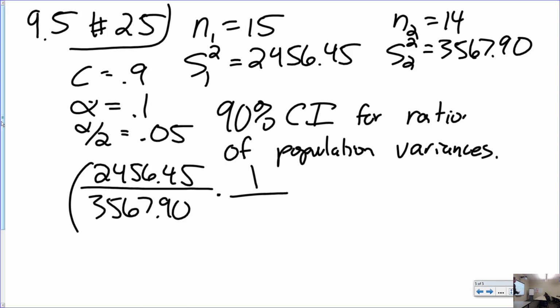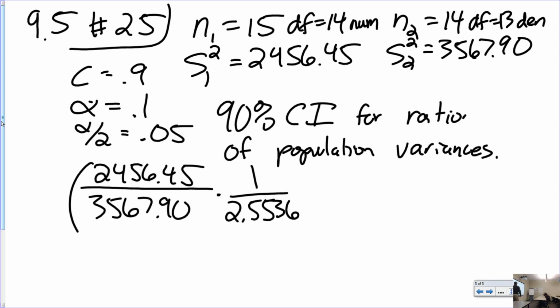What do we want our numerator degrees of freedom to be? 14. And what are our denominator degrees of freedom? 13. So on the 0.05 table, look up numerator of 14, denominator of 13. What did you guys see? Awesome.